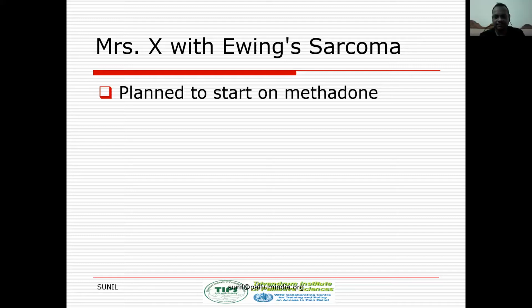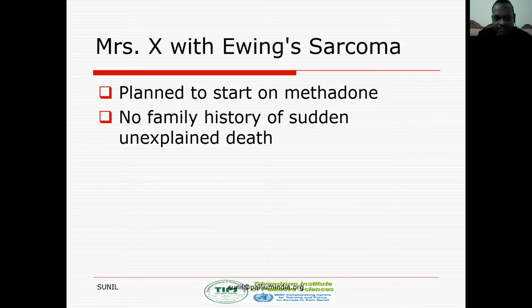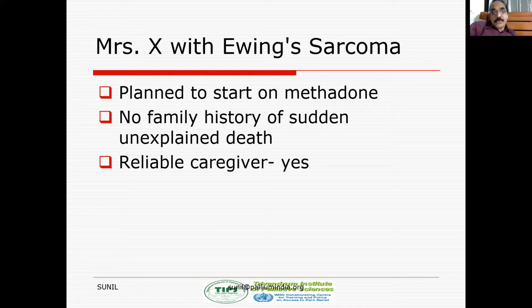Okay, before starting methadone, what all do we have to check? ECG, renal function. Okay, and there was no family history of sudden unexplained death, because congenital QT syndrome can run in families. So you have to ask, is there any family history of sudden unexplained death?